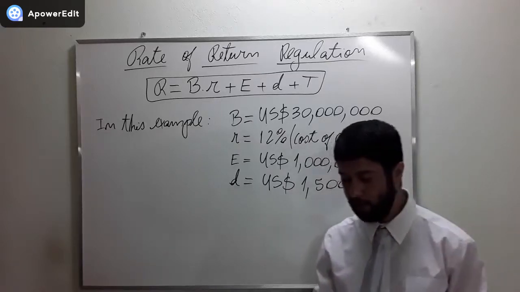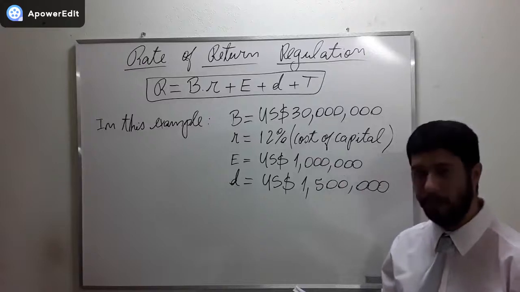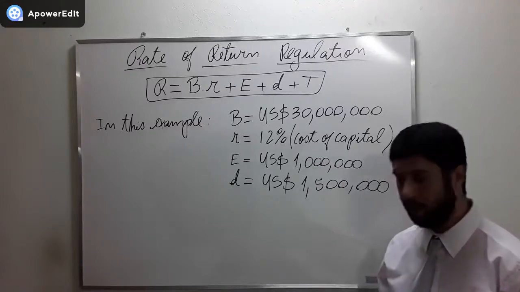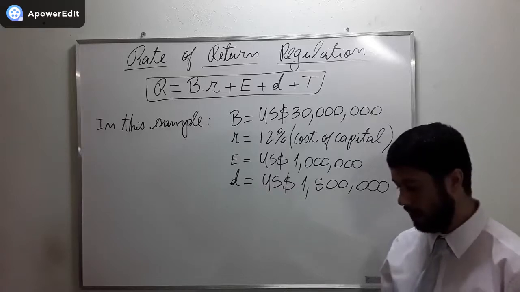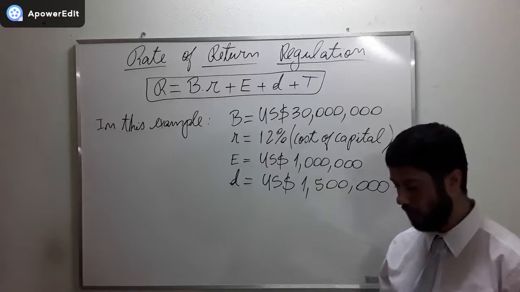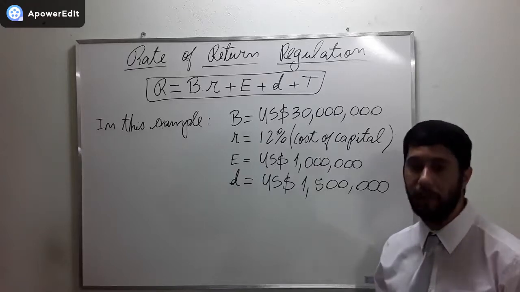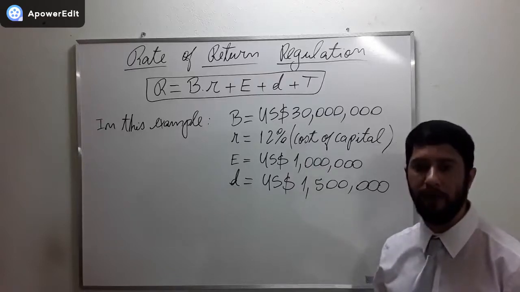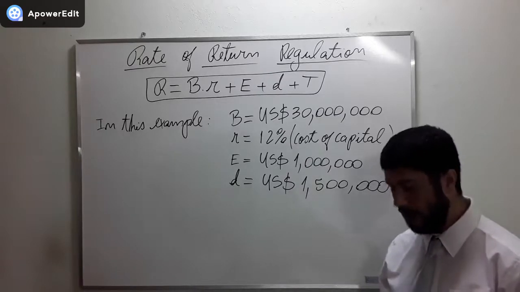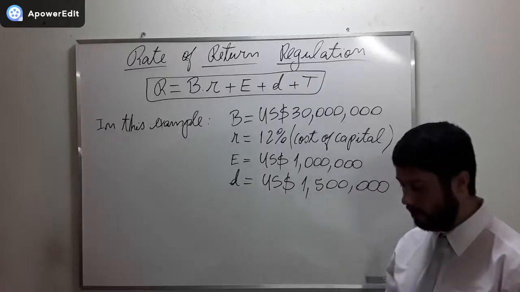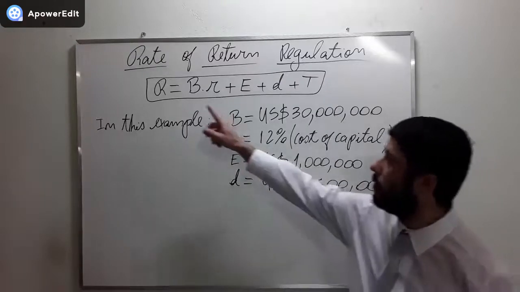Further, assume that the cost of capital is comprised of 50% debt and 50% equity. The cost of debt is 10% and the cost of equity is 14%. Then the exercise asks us to calculate the revenue requirement.